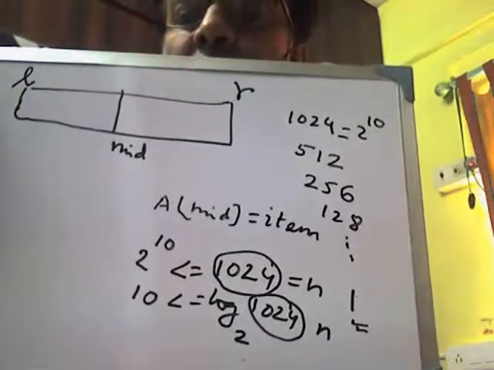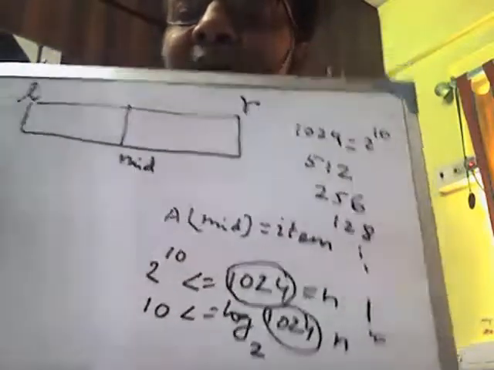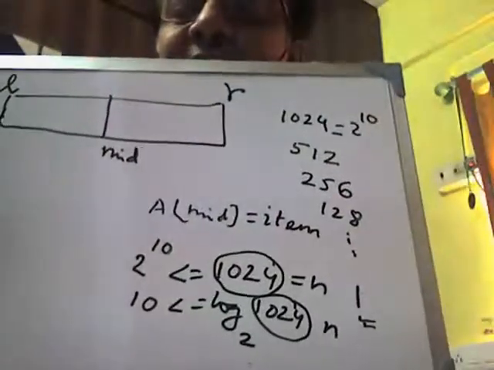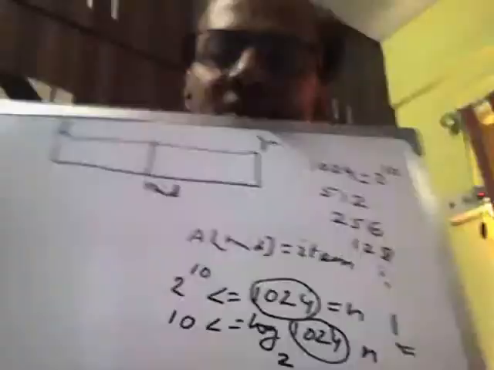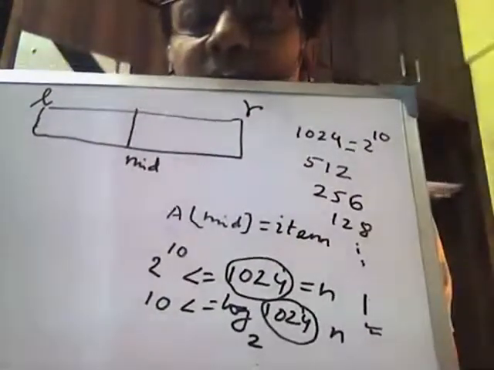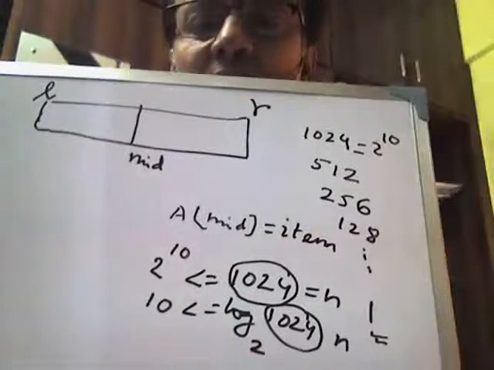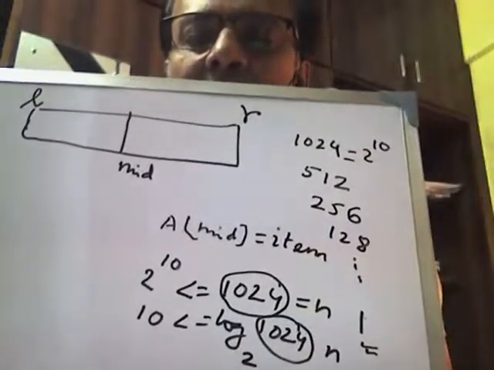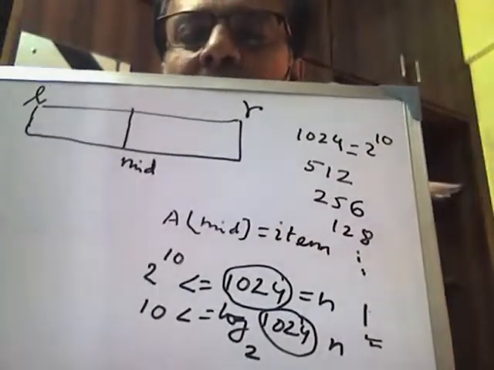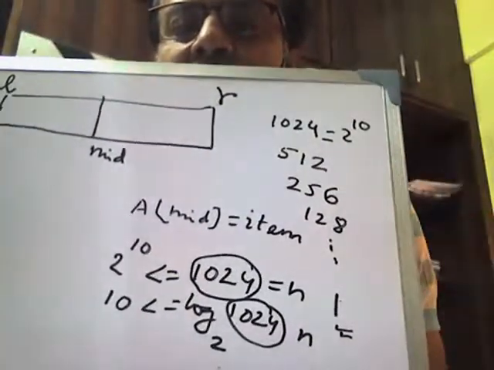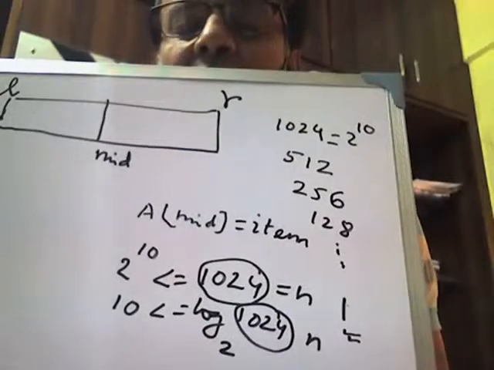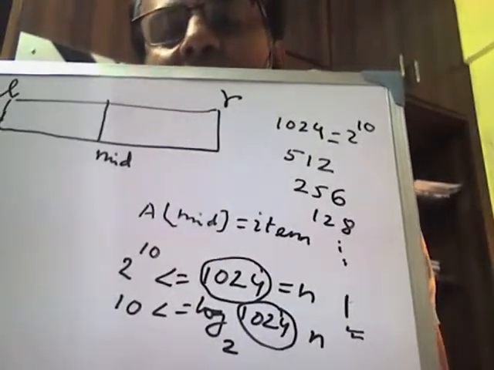I'm telling you, insertion time is 1. When the list is unsorted, then always you can insert the element at the last. If the array is unsorted, then no matter where you want to insert the element, you can insert at the last position.